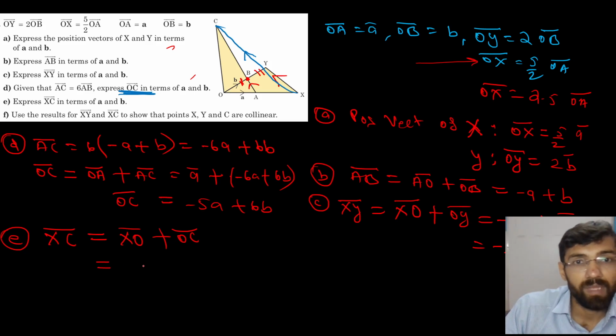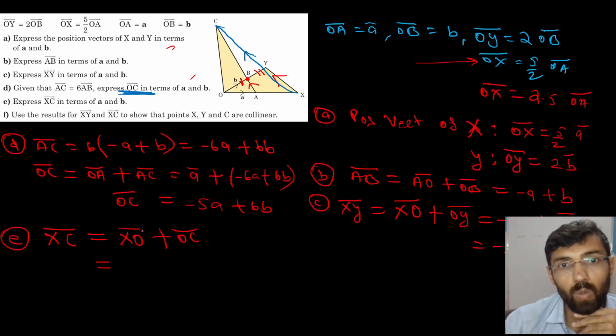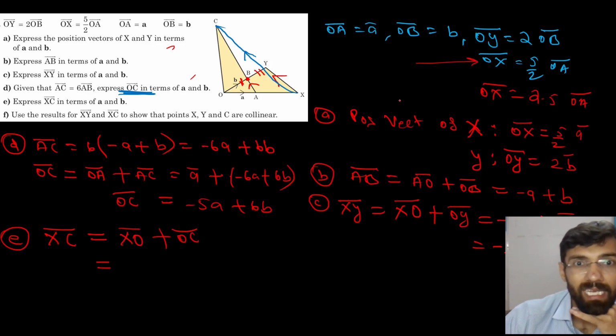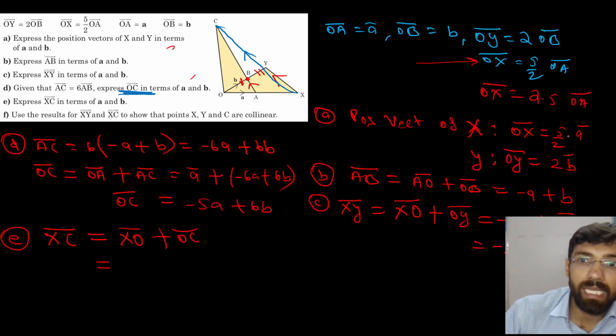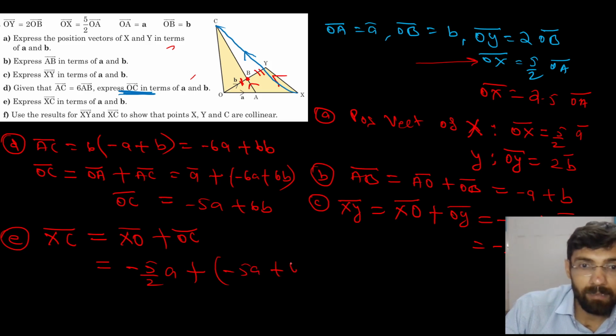We have OX, which is 5 by 2 A, so XO is minus 5 by 2 A. And plus OC, which we just found, minus 5A plus 6B.